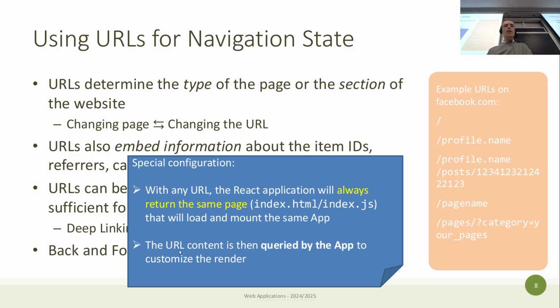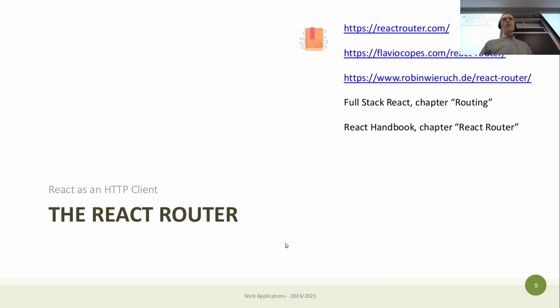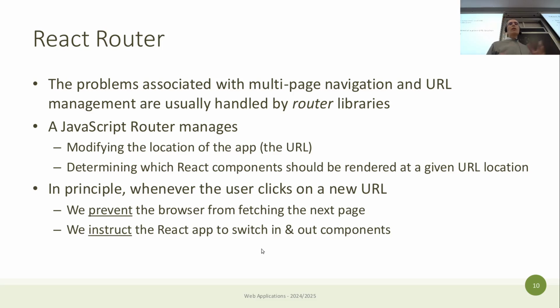So the URL content is queried by the app code to customize the render. But this is in principle. In practice, for us, it's enough that we start from / and we navigate inside the application without handling this situation. And so let's see how the React router works.